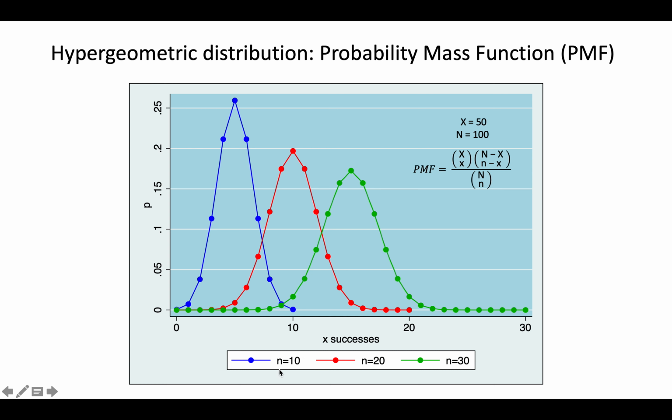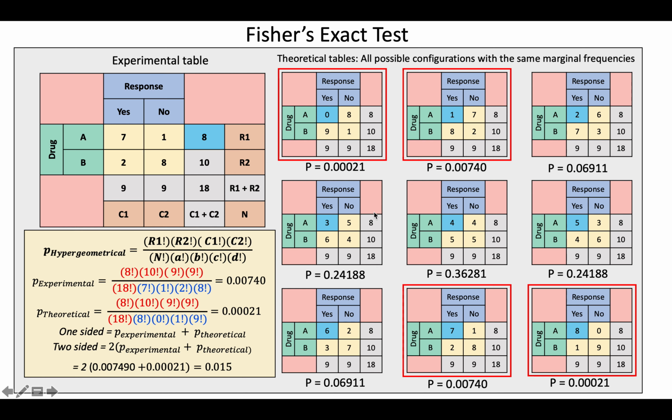So when the number of successes is 10, the distribution is actually quite different from n equal to 20 or n equal to 30. So again, the distributions are very different depending on the number of n, and this is basically the reason I brought this slide for you.